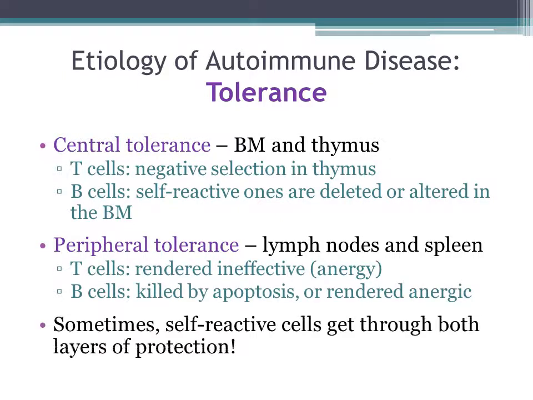The B cells can be rendered anergic or killed by apoptosis. However, with both of these processes, the ones that happen in the central system and the ones that happen out in the periphery, sometimes those self-reactive cells make it through both layers and end up circulating in the periphery.